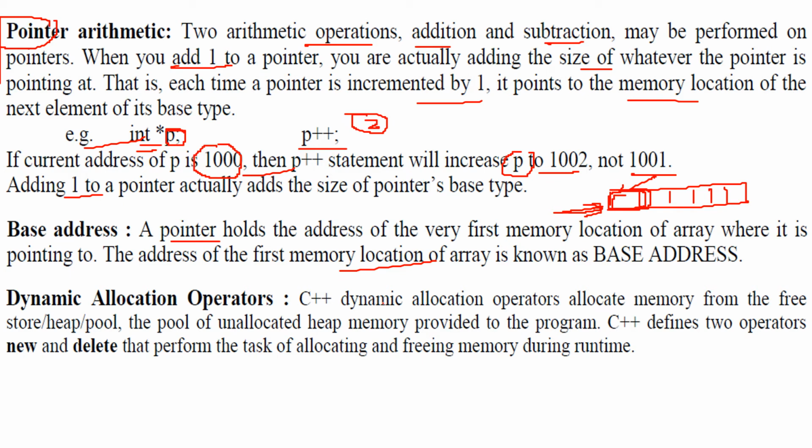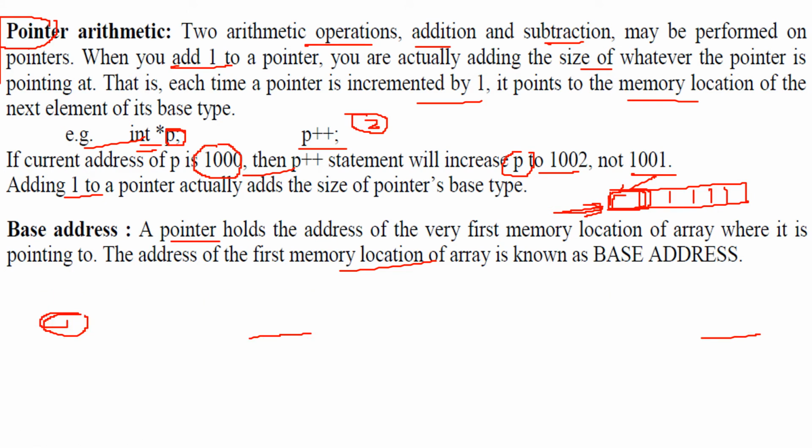The dynamic allocation operators take memory from the heap pool, the pool of unallocated heap memory, and allocate it to whichever operator or allocation requires it.